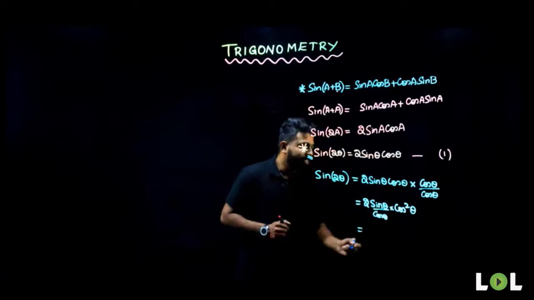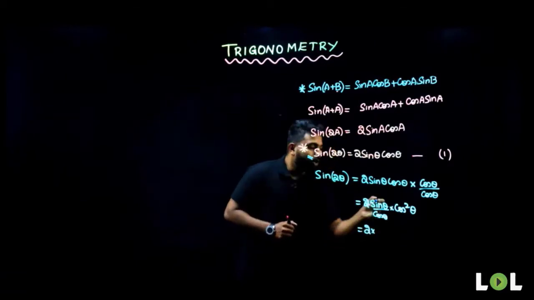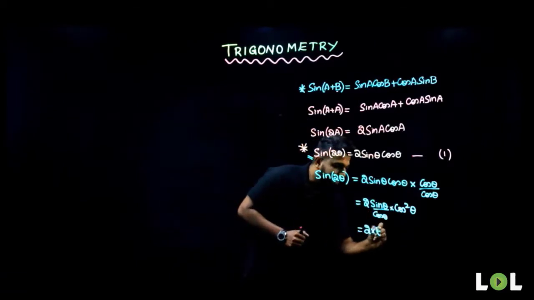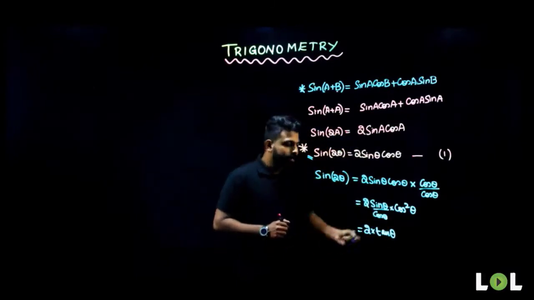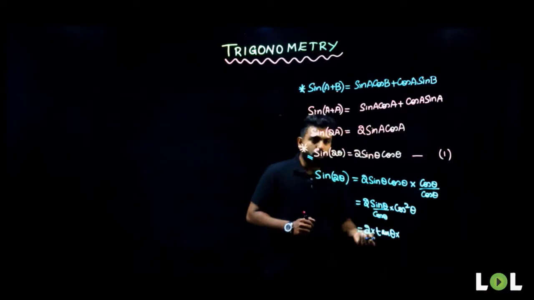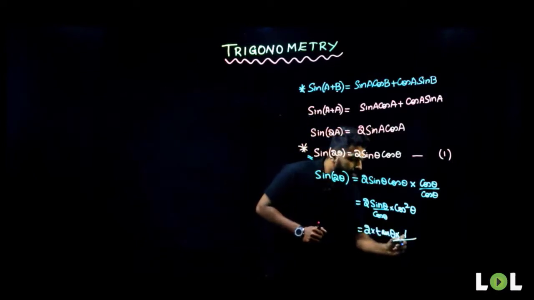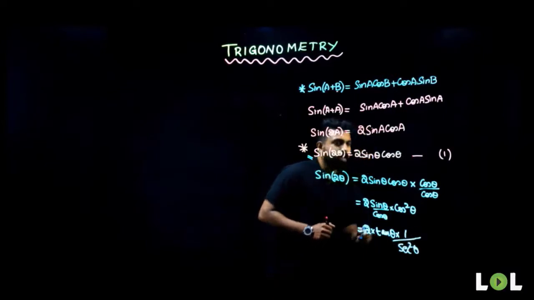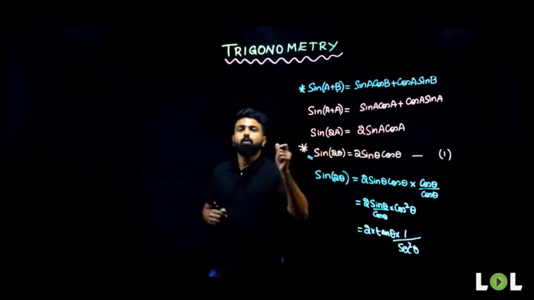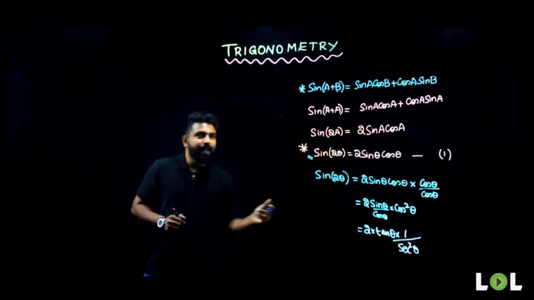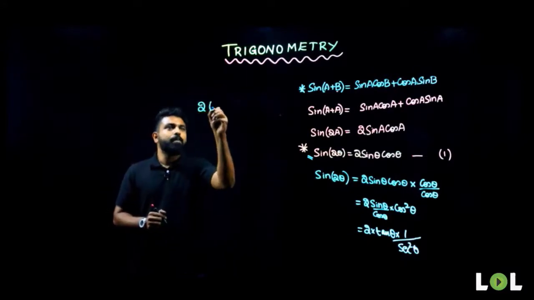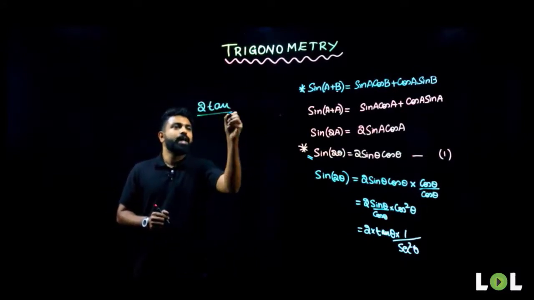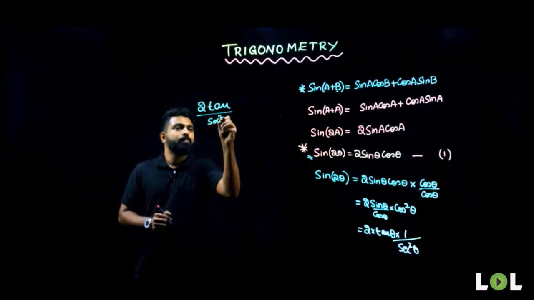So what can I write this as? I can also write this as 2 into, what is sin theta by cos theta? Sin theta by cos theta is nothing but tan theta. And what can I write my cos square theta as? I can also write cos square theta as 1 by secant square theta. We know that secant theta is nothing but the inverse of cos theta. So I can write this as 2 tan theta divided by secant square theta.